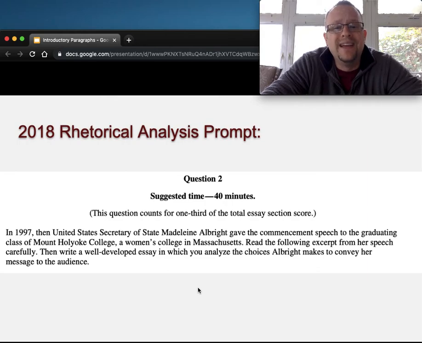Read the passage, get a sense for what's going on, jot down what you think your rhetorical devices would be, and highlight and annotate those, because that's going to get ultimately submitted to me as well when you're done with this assignment. So read the passage, highlight some rhetorical devices that you would look at, and then we'll be ready to take a look at some introductory statements here in a moment. All right?